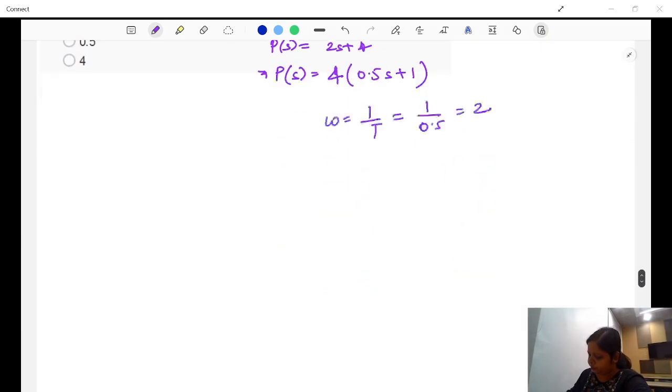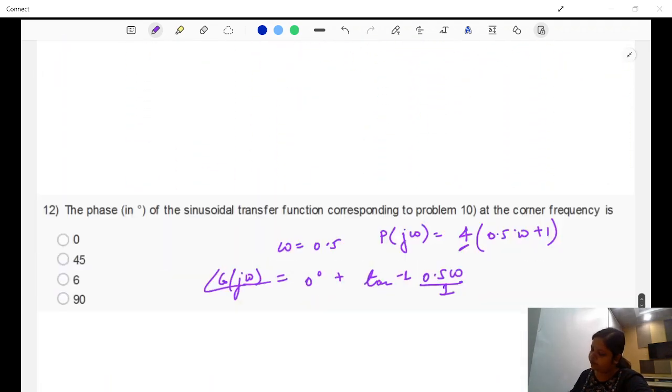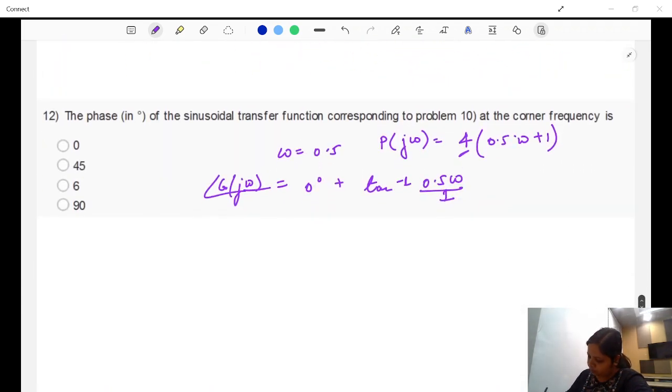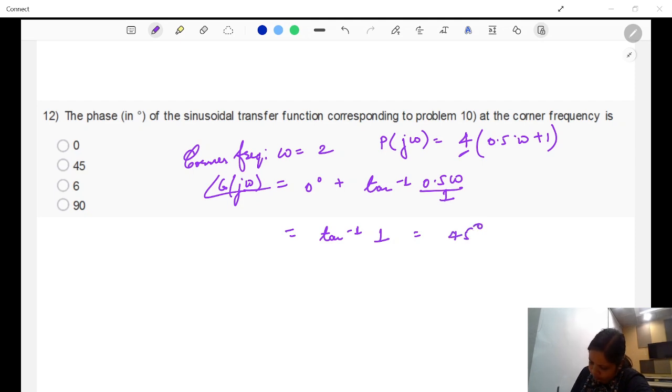It was 2. It was not 0.5. Okay, so the corner frequency was 2. So it is tan inverse of 1, which is 45 degrees. So the answer is 45 degrees.